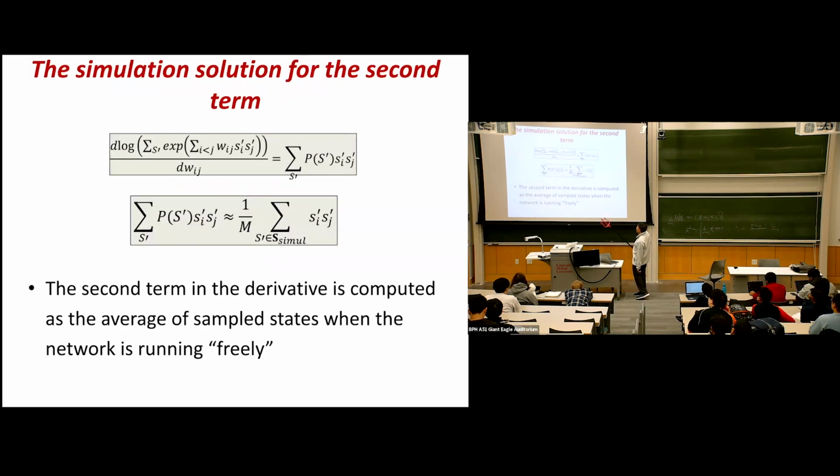Now, if I want to compute the second term in my derivative, it's the average of the product of the pairs of bits over all the states that I have obtained by drawing samples in this process, all of these simulated states.